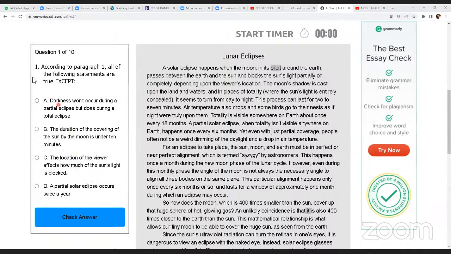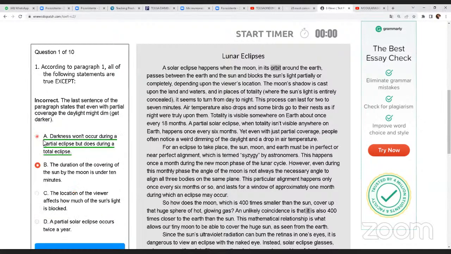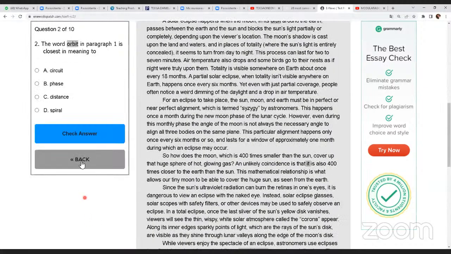What do you think? The letter B? Oh, no. It was letter A, right? Darkness won't occur during a partial eclipse, but does during a total eclipse.